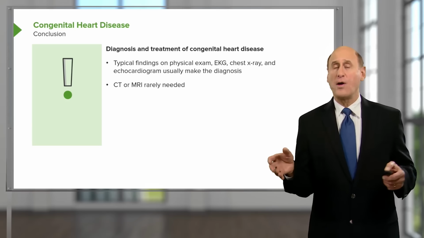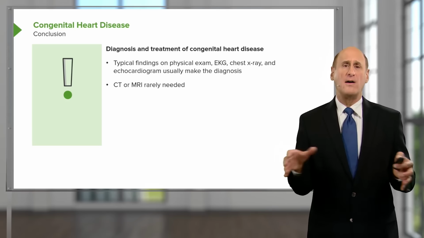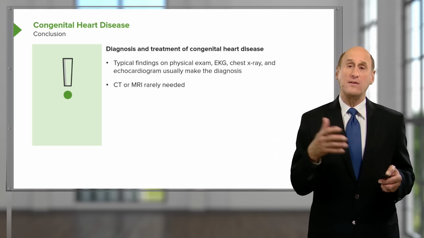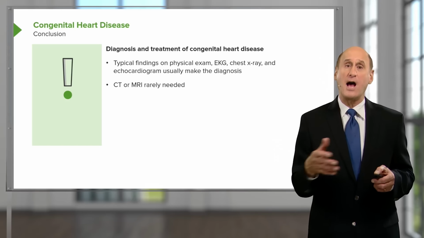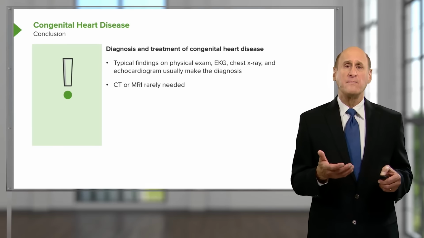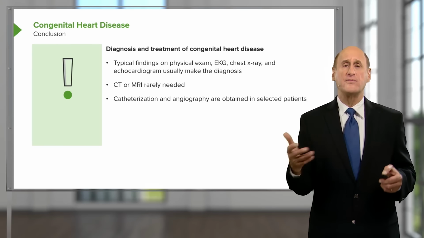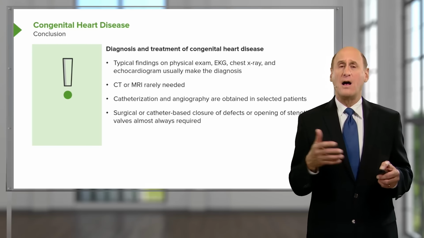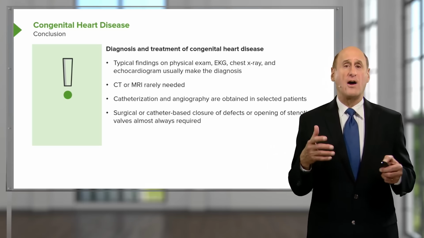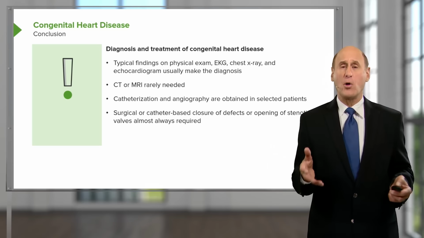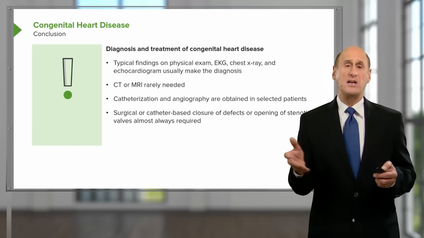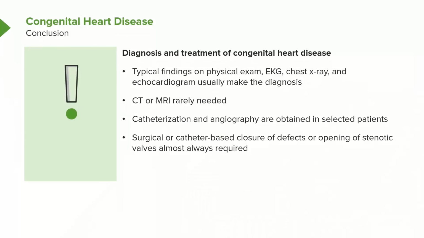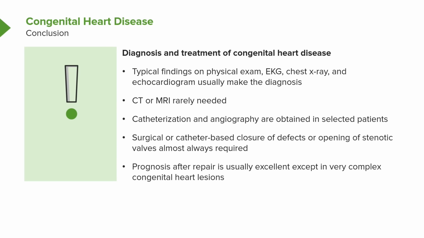Echo, CT, or MRI give a beautiful map of the lesion, which the surgeons often want ahead of time to look at before they go in. And the results of surgical intervention or catheter intervention are very, very good for the vast majority of patients, with the exception of the individuals with cyanotic congenital heart disease, who often continue to have disability and problems.